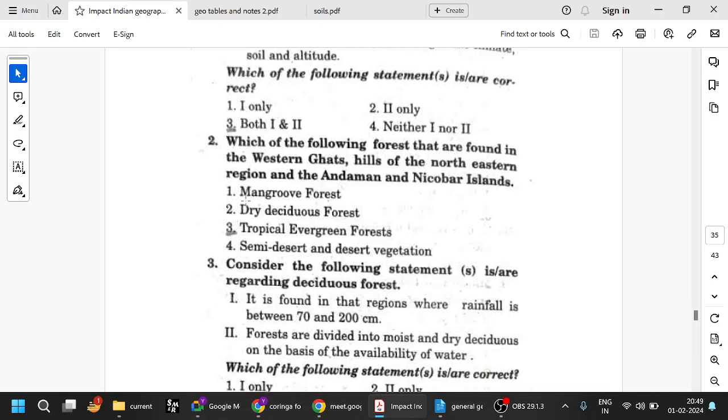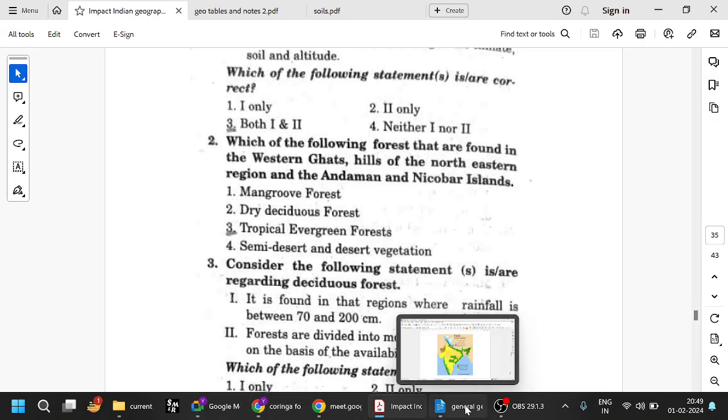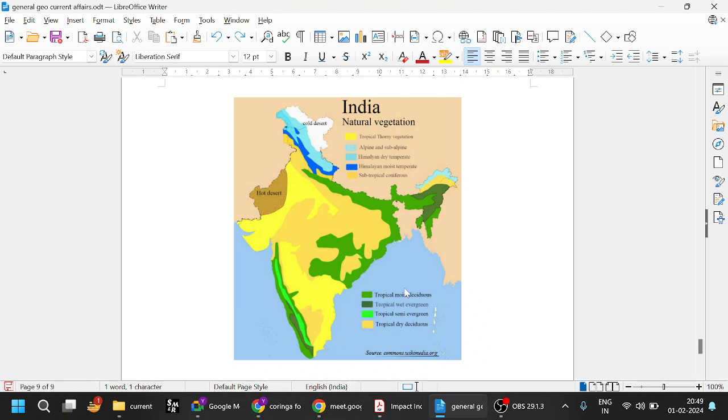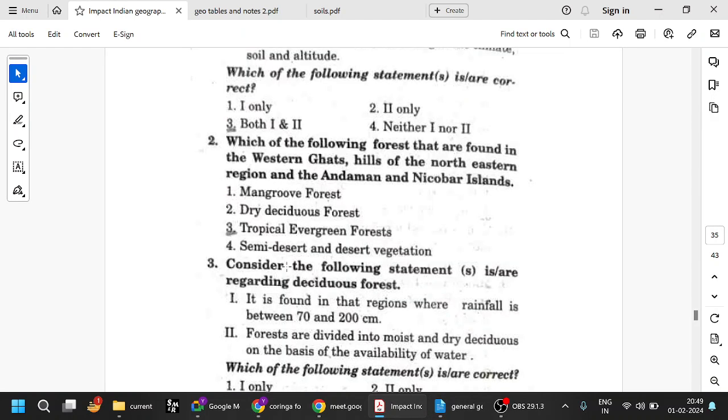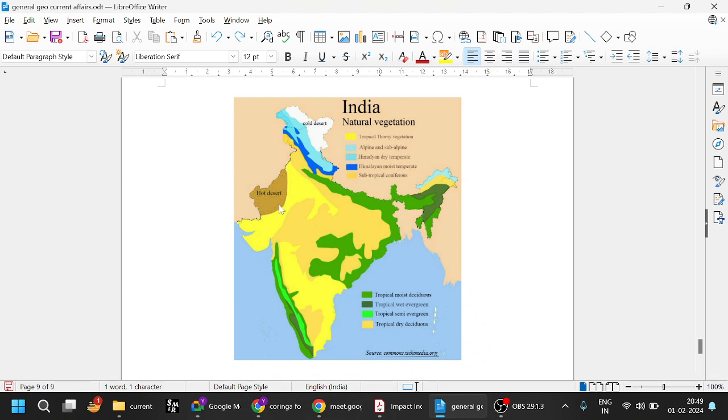So those are mangrove forests, and then deciduous forest. As you can see, tropical deciduous, tropical dry deciduous, is basically this region. Central India, etc., is mostly deciduous. Then semi-desert and desert vegetation: desert type of vegetation you will find in Rajasthan.